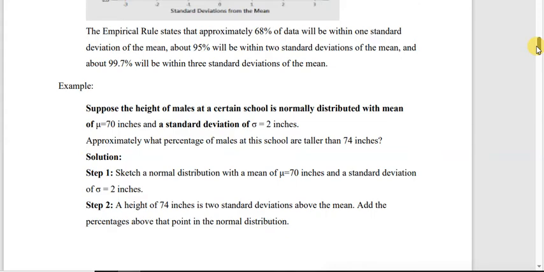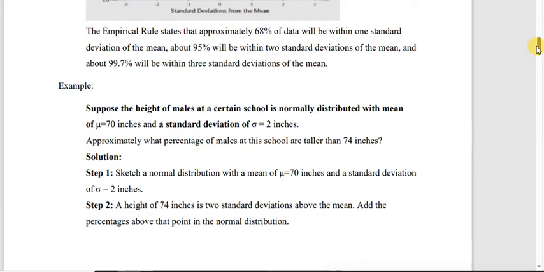Approximately what percentage of males at this school are taller than 74 inches? By the use of the empirical rule, we can estimate the approximate percentage of male students in that school that are likely to have a height of more than 74 inches.